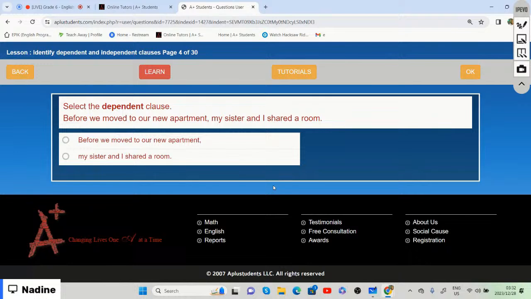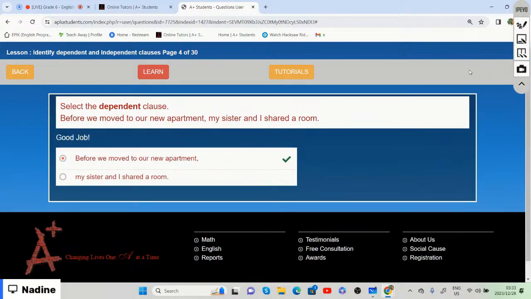The dependent clause is the first option, which is "before we moved to our new apartment."